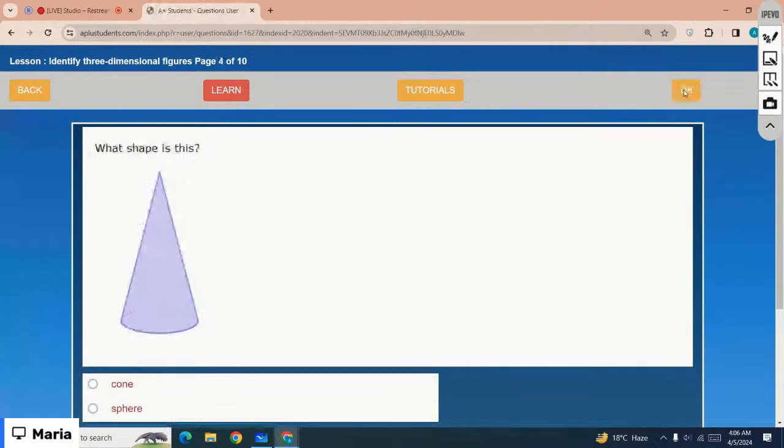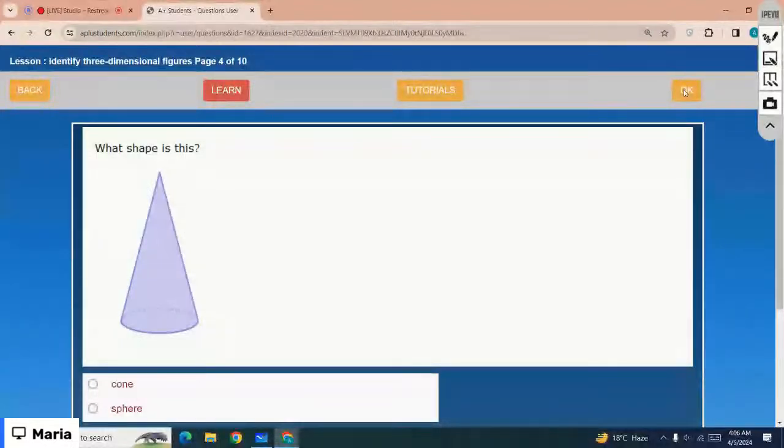What shape is this? Cone, sphere. That is a cone.